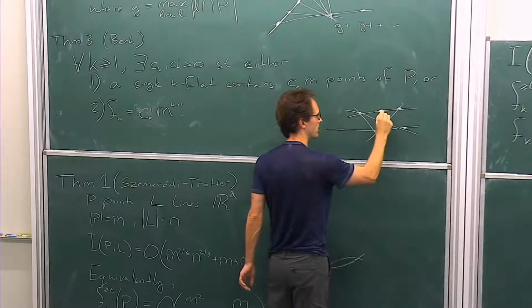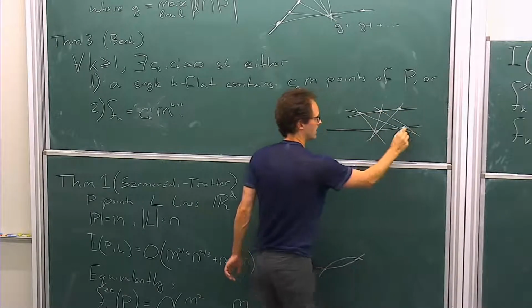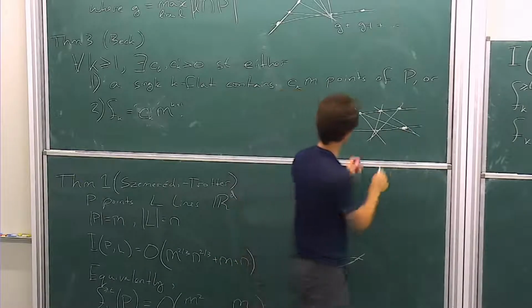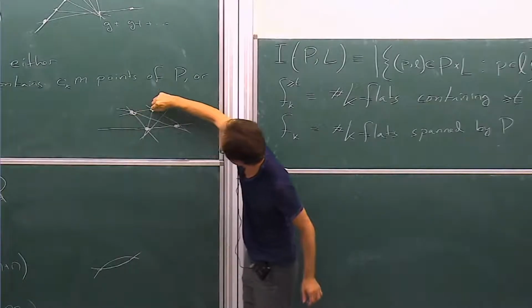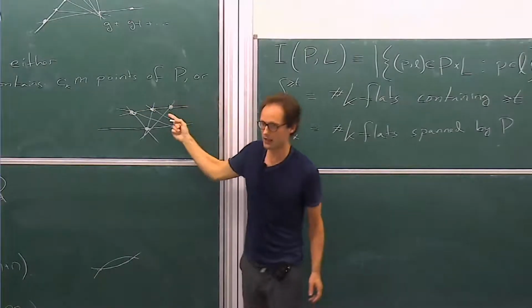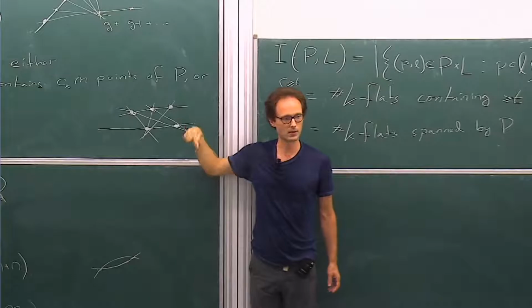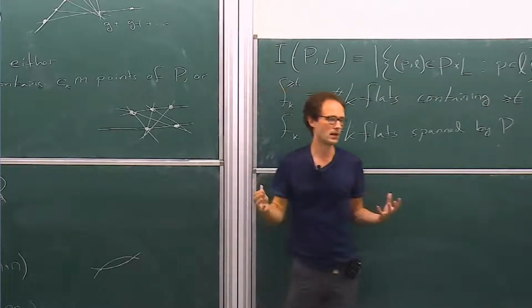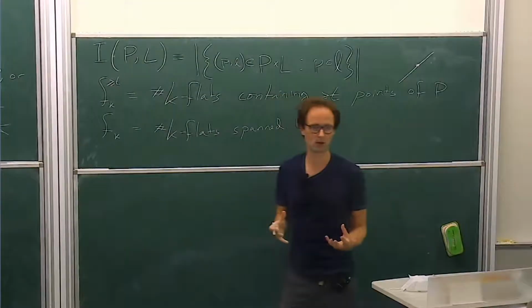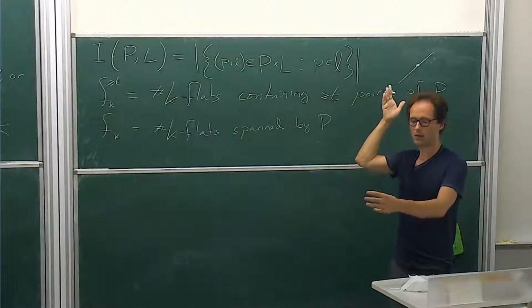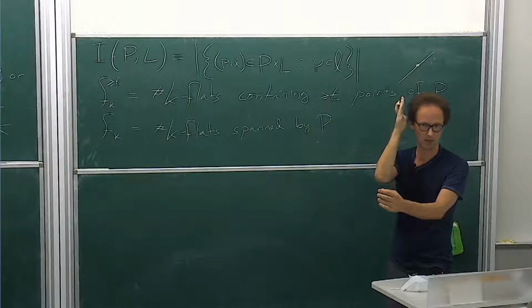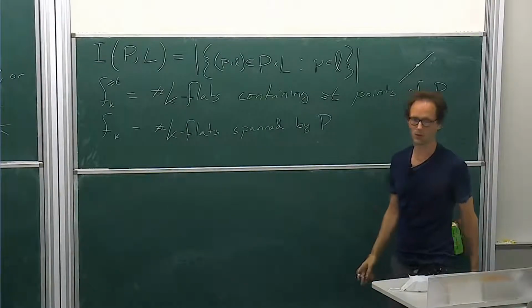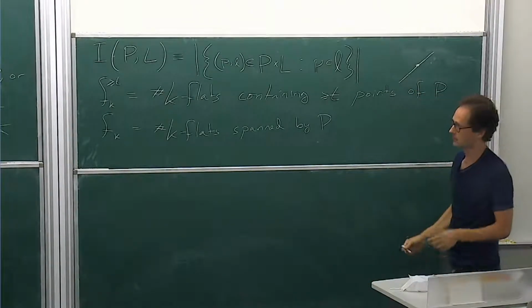Here we have 5 points, and I've drawn every line that contains at least 2 of them. Those are the lines spanned by these points. If you have points in a higher dimensional space, every time there are 3 points not contained in a line, you draw the plane that contains them.